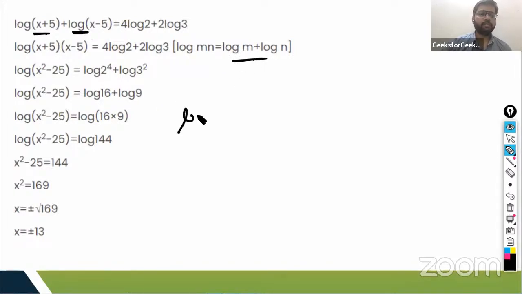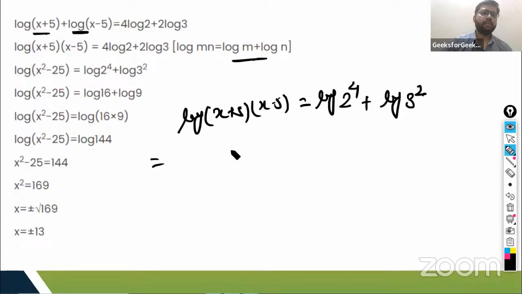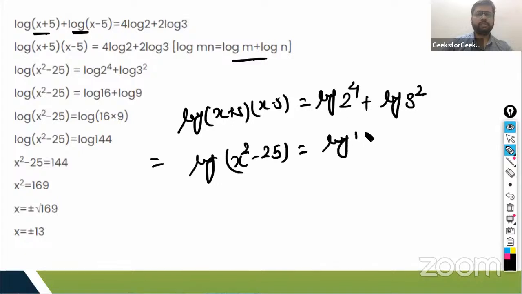So that will be log of (x plus 5)(x minus 5) on the left, and on the right log 2 to the power 4 plus log 3 squared. So here it will be log of x square minus 5 square, so x square minus 25, is equal to log 16 plus log 9.